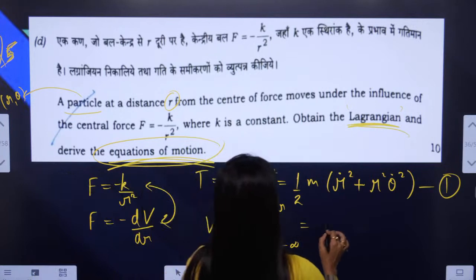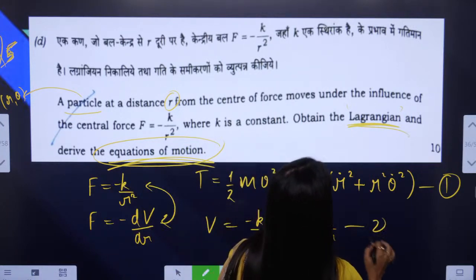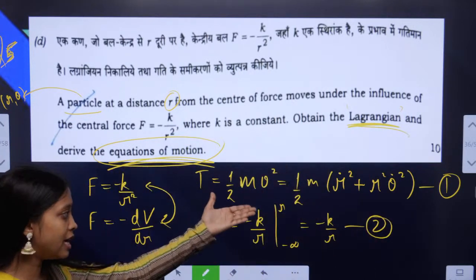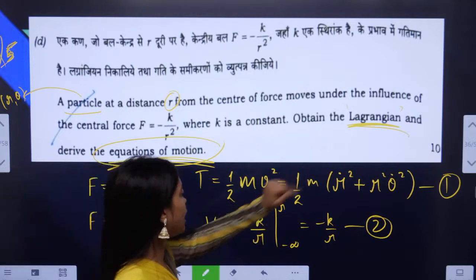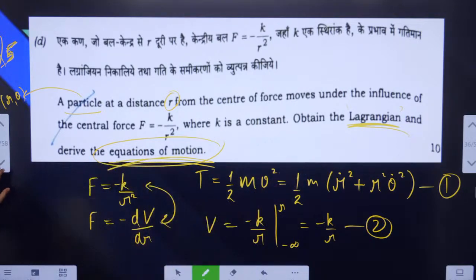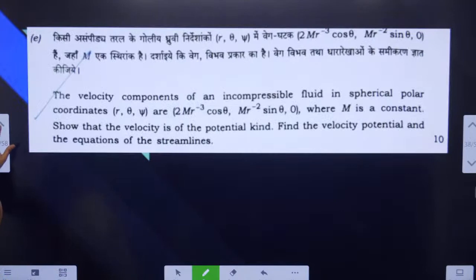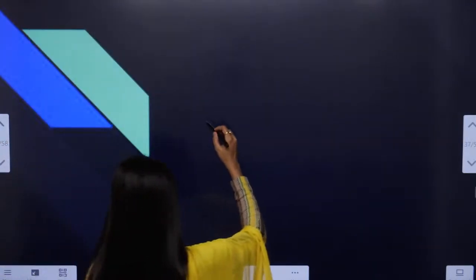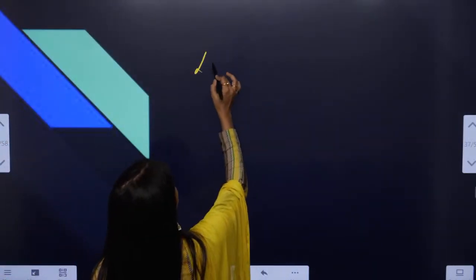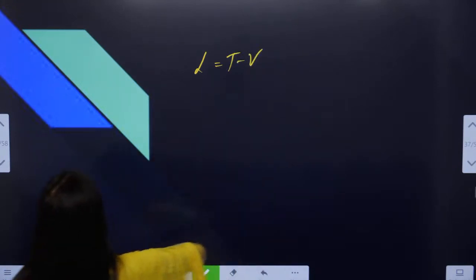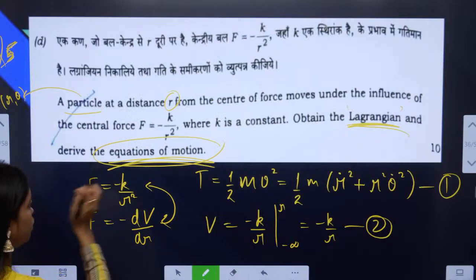So the answer is minus k by r. This is your potential energy. You have your kinetic energy and potential energy, just calculate the Lagrangian, that is L equals T minus V, substitute the values, and the next is the equation of motion.